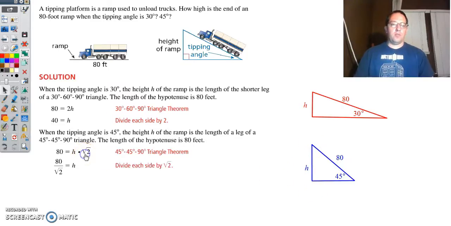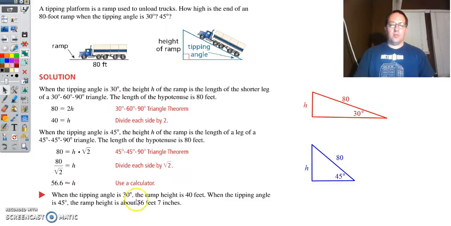So we divide by the square root of 2, and 80 divided by the square root of 2 is approximately 56.6. So if it's 30 degrees, we have a 40-foot high ramp. If it's 45 degrees, then the ramp's going to be approximately 56 feet 7 inches. Because remember, this 0.6 is tenths of a foot, this is twelfths of a foot, inches.